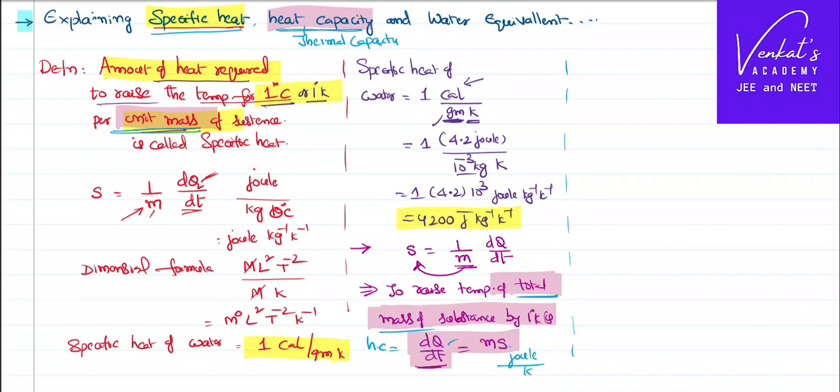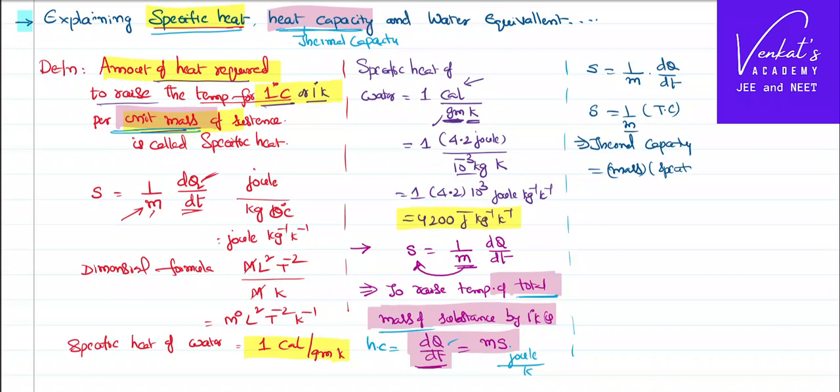So how are these two related to each other, specific heat and heat capacity? It's very simple. Specific heat is 1 by m into dQ by dT. And dQ by dT can be written as thermal capacity. It implies thermal capacity is equal to, taking the mass to the other side, mass of the material multiplied by its specific heat.